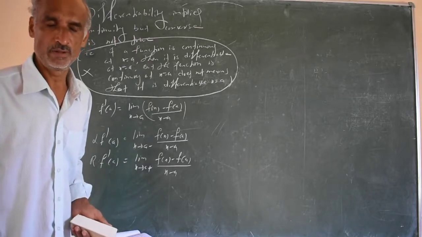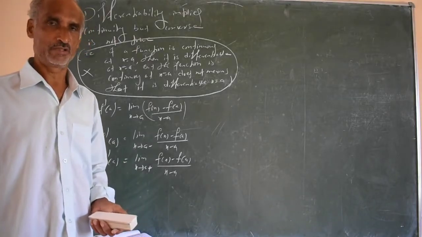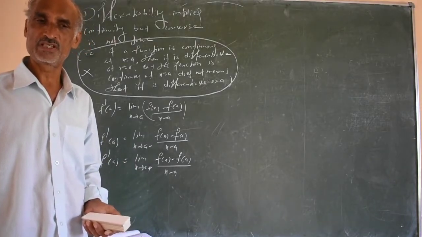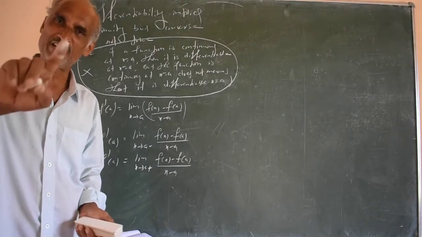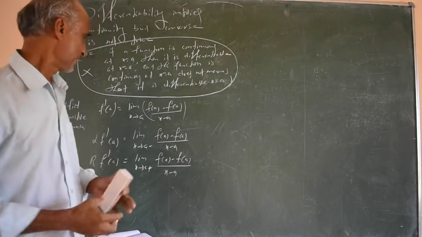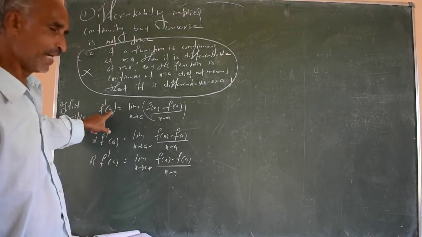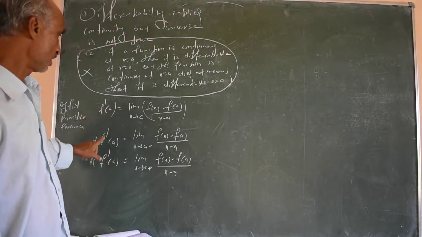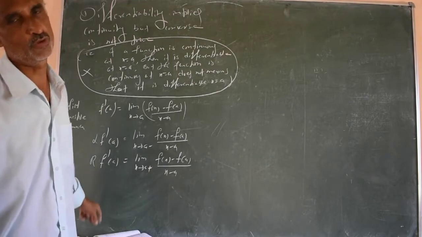The limit of f of x exists at x is equal to a if the left hand limit is equal to the right hand limit. Similarly, f dash of a exists at x is equal to a if the left hand derivative is equal to the right hand derivative.